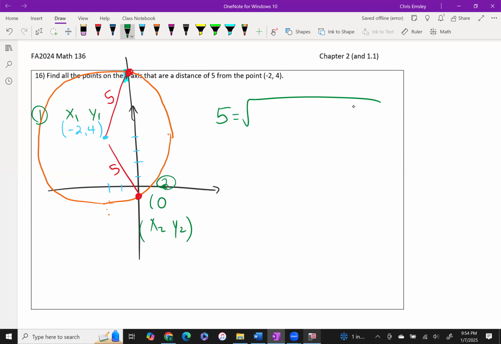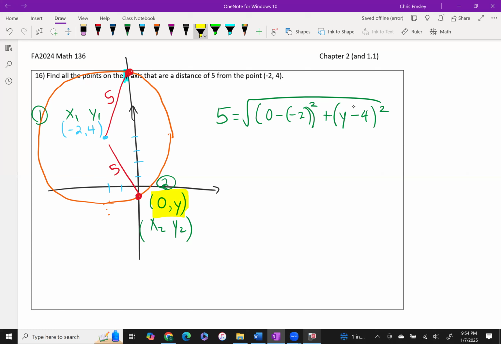So my x value is 0, and my y value is the one I have to solve for. Okay? So if we do x2, 0, minus x1 squared, plus y2 minus y1 squared, and then solve. Almost everything is the same. It's just this point, the unknown point, that changes.